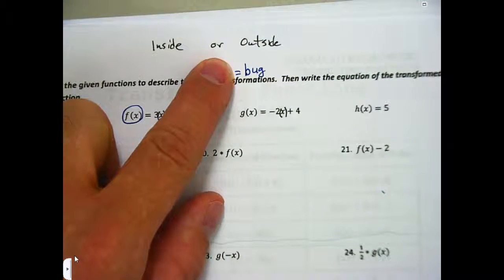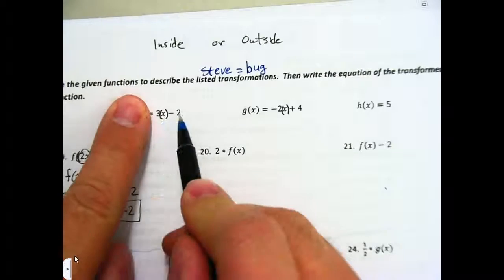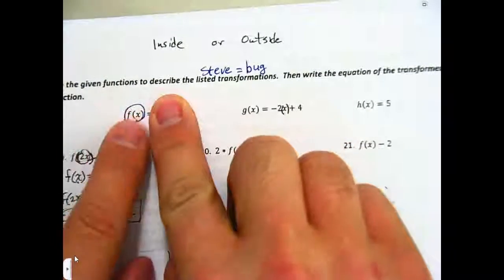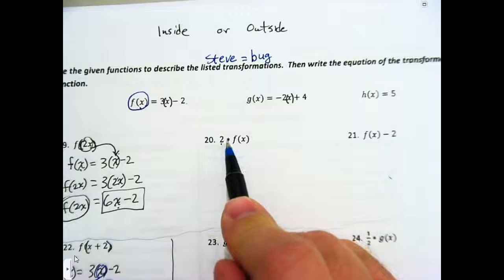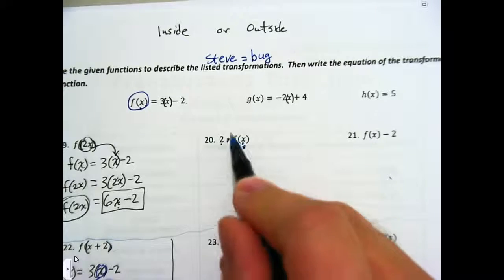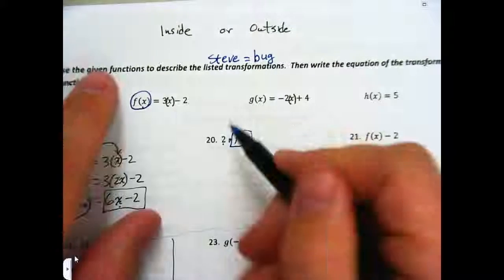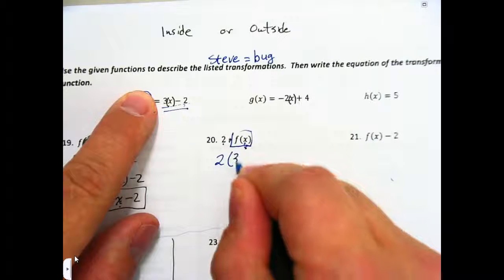Now, f of x. Its normal name is 3x minus 2. Its weird name is f of x. Now, when I'm looking at this, this is saying you want 2 of f of x's. Well, this looks weird. So let's replace it with its normal name. 2 of 3x minus 2.